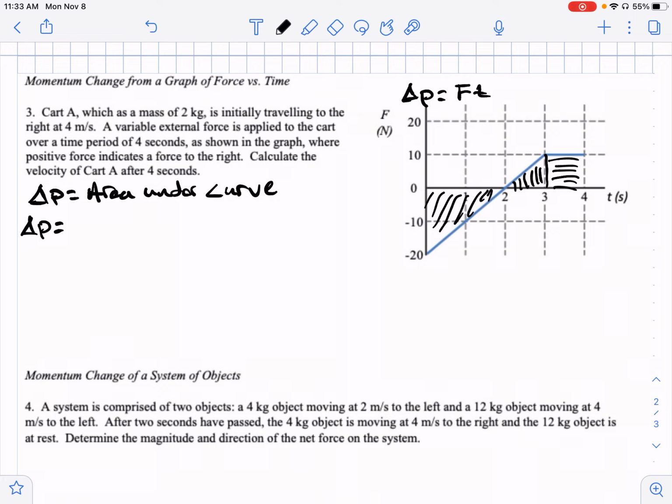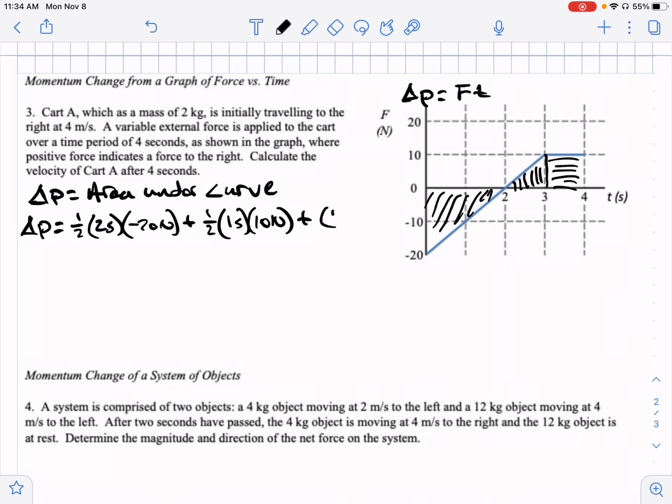So the first triangle, we have the area is 1/2 times the base, which is 2 seconds, times the height, which is negative 20 newtons, plus the area of the next triangle, which is 1/2 times the base, which is now 1 second, times the height, which is 10 newtons, plus the area of that last square, which is length times width.